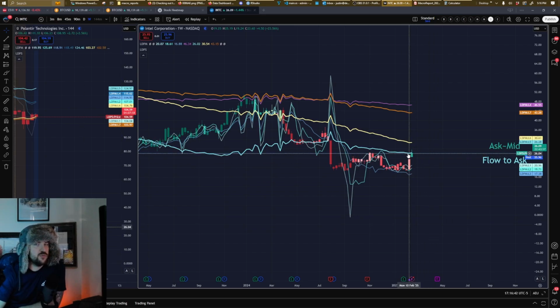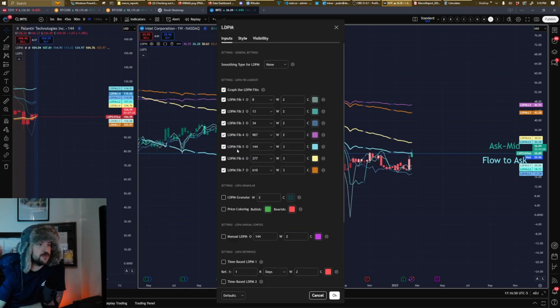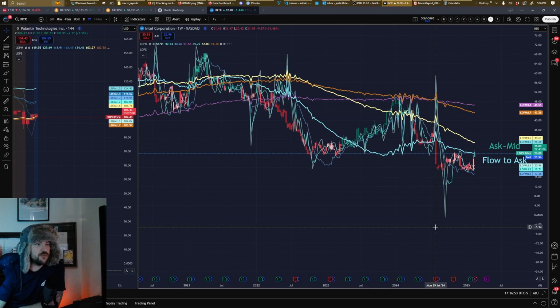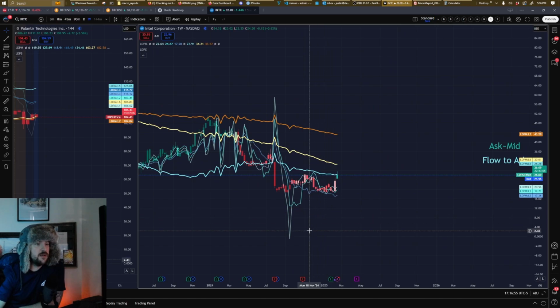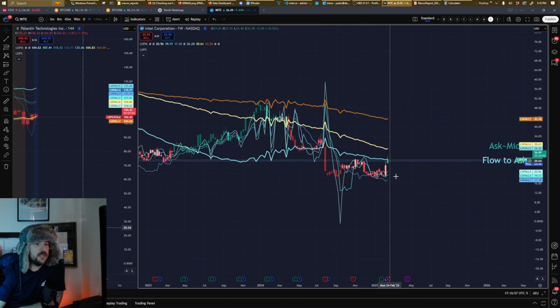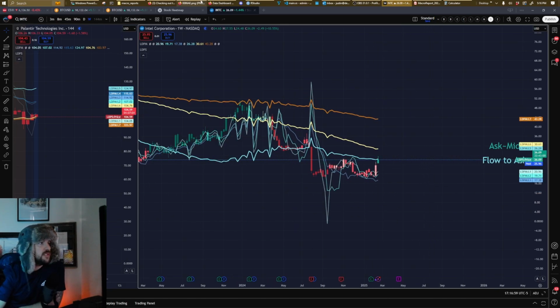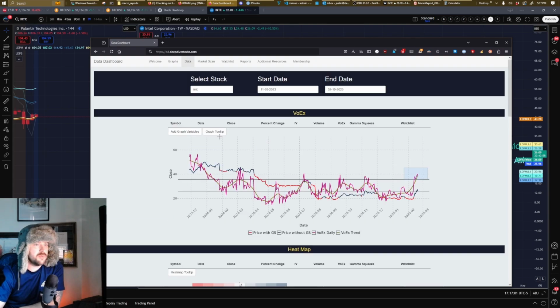On the other time frames, LDPM was making this upper ceiling of sorts, these channels, which isn't typical of LDPM, but we're seeing them pretty commonly lately throughout the market. It does seem pretty reminiscent of a bull trap, and that coincides with the bullish until proven otherwise from Velrex.